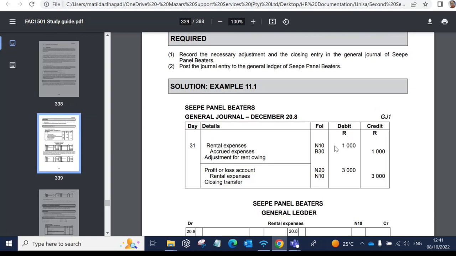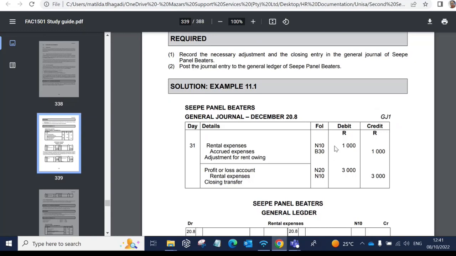The financial period of this business is January to December. As at December, we haven't received an invoice. The invoices we received are only for 11 months. So as at December, we haven't received that December invoice, and we're busy with our financial year end.